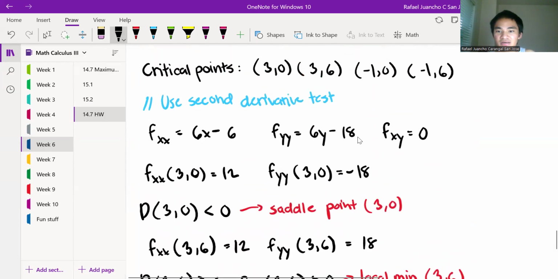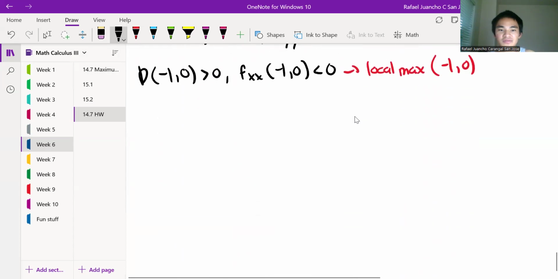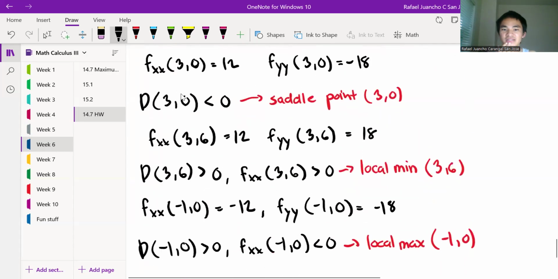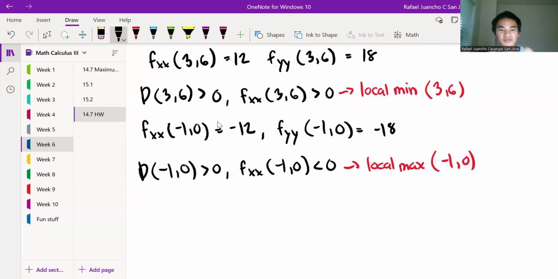Then lastly, I get negative 1 and 6. So, oh, I just realized there's a pattern I could do here. Once I know some of them, I could just, well, assuming that it's separated, right? That's the assumption. But anyway, I'm trying to think of shortcuts while doing this. So here, this is negative 1 and 6. I already did negative 1 and 0. And 6.